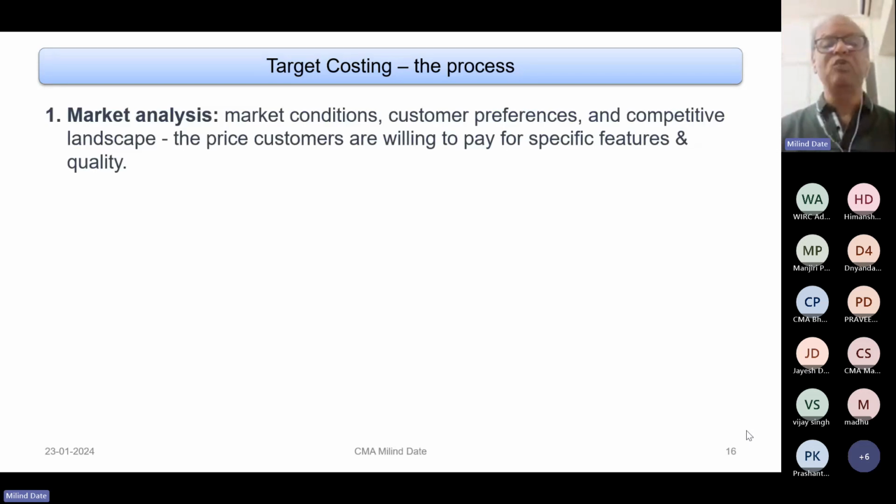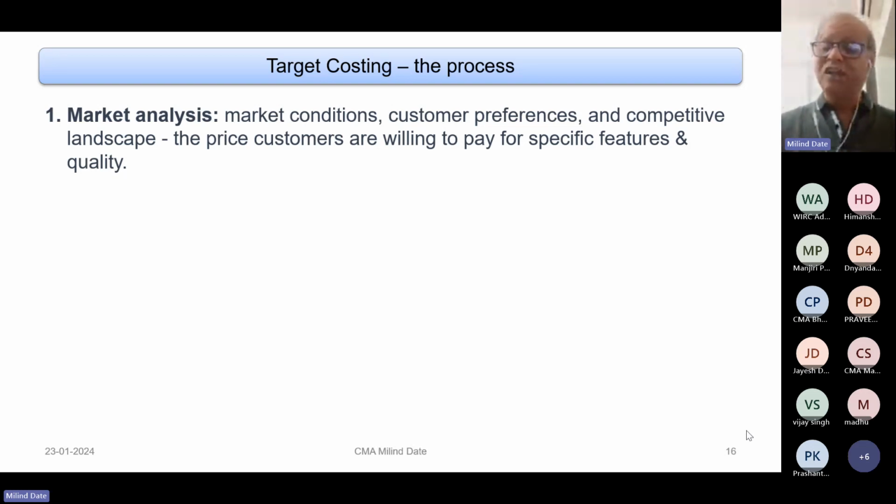So, what is the process of target costing? Naturally, you first analyze the market in which you want to introduce your product: market conditions, whether it's a monopoly or oligopoly or intense competition. What are the customer needs, their preferences, their likings? Are there a lot of competitors already in the industry before you introduce your product?